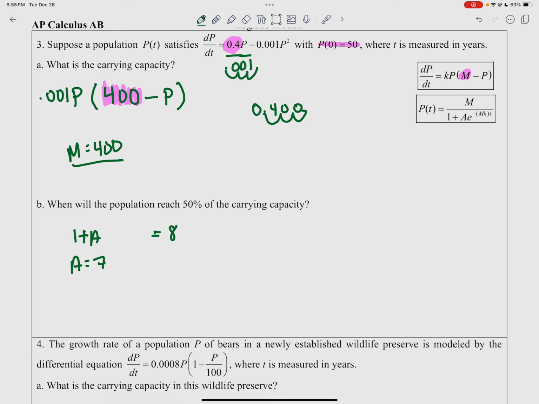And of course, now I have to rewrite everything again. We found out that a was 7. So then your equation is 400 over 1 plus 7e to negative 0.4t. And we want to see when will the population reach 50% of the carrying capacity, which is 200. Okay, I'm going to flip-flop, and I'm going to solve for t. 400 over 200 is going to be 2.